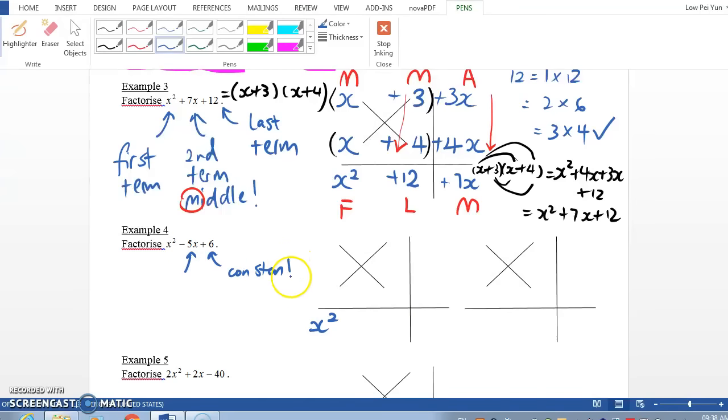And the first term is always x squared. So first term, last term, middle term. F, L, M, then what do we do? Multiply, multiply, add, M, M, A.